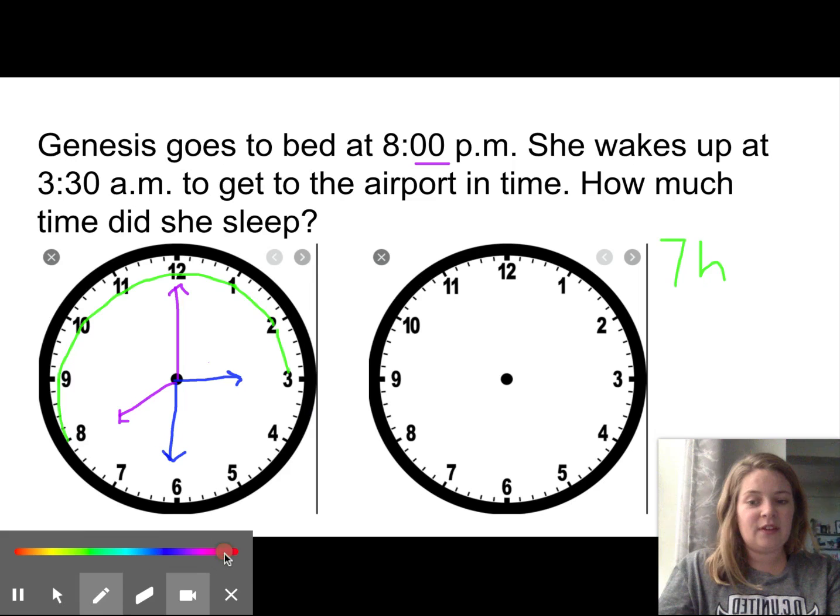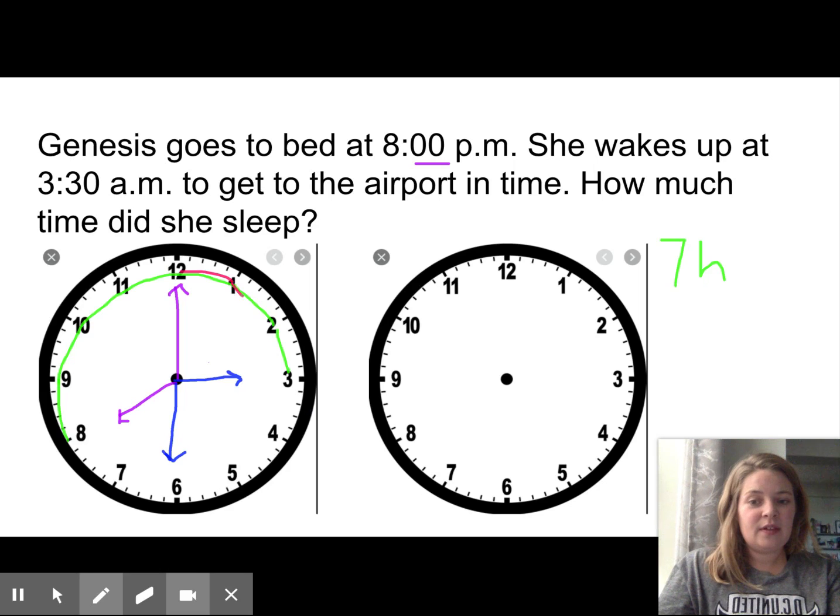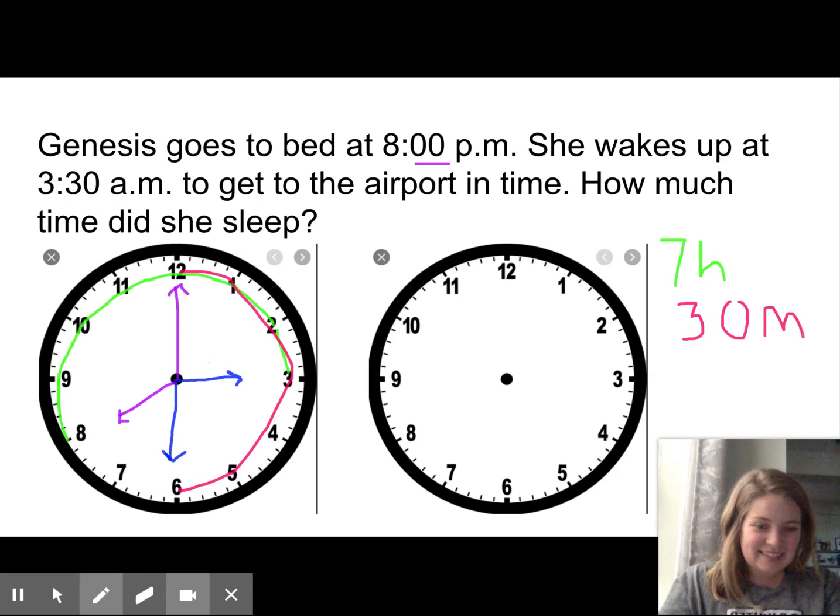I'm going to do it in a different color so we don't get distracted. 5, 10, 15, 20, 25, 30. So she sleeps for 7 hours and 30 minutes. Ooh, I bet she's tired. That's not enough sleep for a second grader, almost third grader to get. You should be getting about 9 hours of sleep a night. So Genesis slept for 7 hours and 30 minutes. Good job.